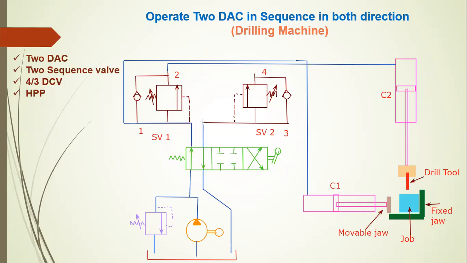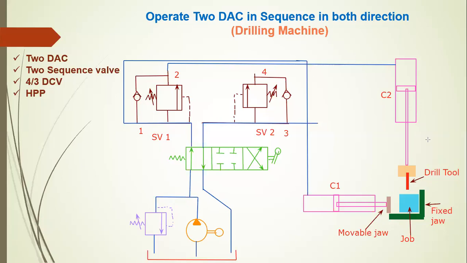Here you connect the line for SV2 from the direction control valve. In the first position, the oil passes from the sequence valve SV2. First, we have to remember that in the first condition we give C1 the motion to go inside to the fixed jaw, and cylinder C2 gives the downward direction to drill the job.